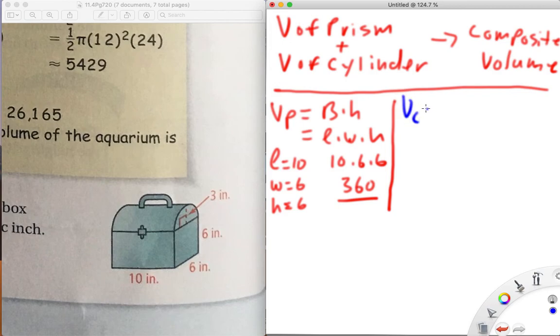Volume of the cylinder is also the base times the height, but it's a semi-cylinder, so it's going to be 1/2 pi r squared times the height. We have a radius based off the picture of 3, and remember the height connects the two circles together, in this case semicircles, so it's going to be this semicircle and this semicircle.